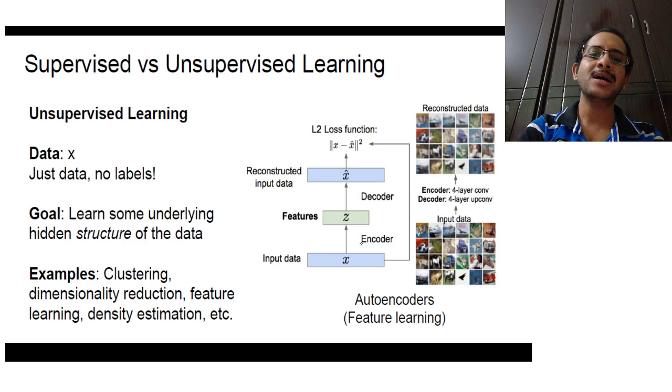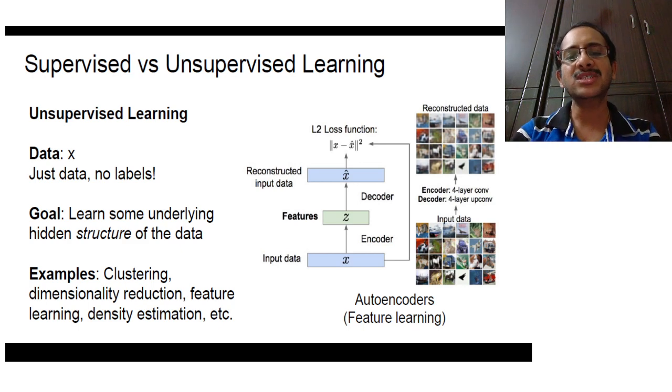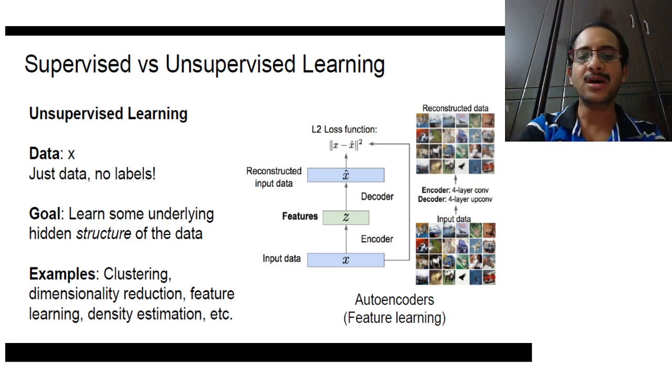For example, if we have an image which is 256 cross 256, and through some convolution and sampling layers we bring the feature dimensions to, say, 3 cross 3 cross 128 channels, then this 3 cross 3 cross 128 captures most of the details, a good encoding of the original image, and thus this part is referred to as the encoder.